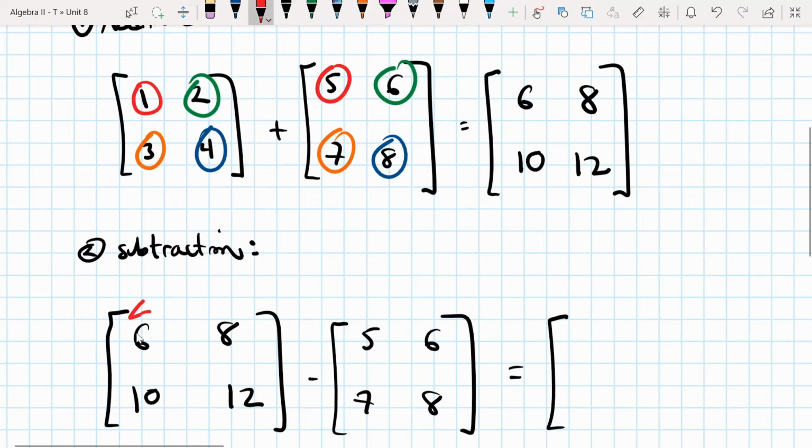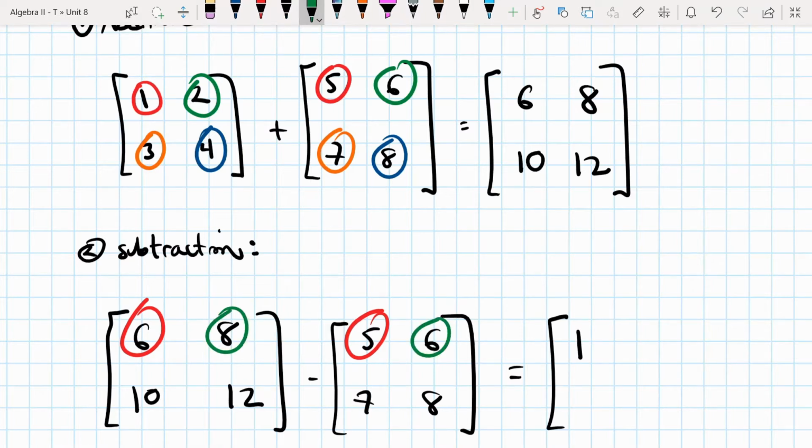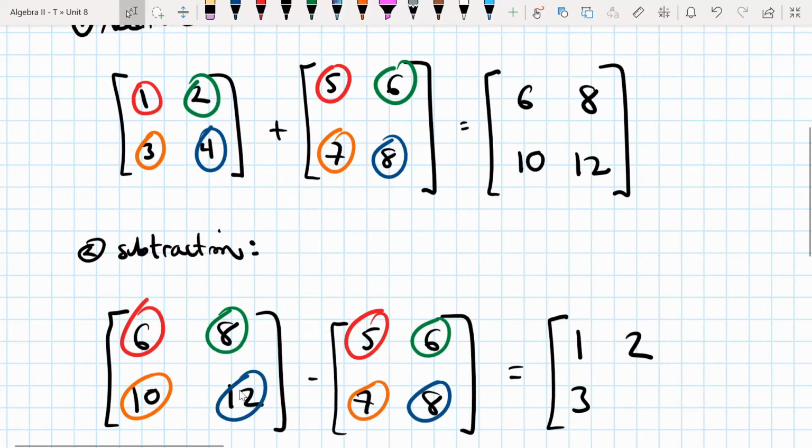So we have 6 minus 5. That's 1. Next we have 8 minus 6. That's 2. Then we have 10 minus 7. Well, that's going to be 3. And then lastly is 12 minus 8, and that's 4. And so notice here that this is essentially the same equation as we had written above. It's just rearranged differently.